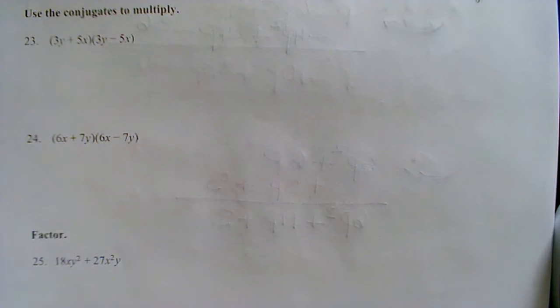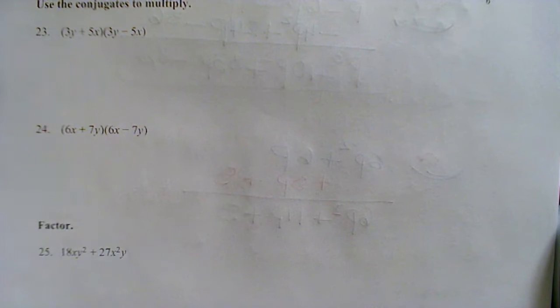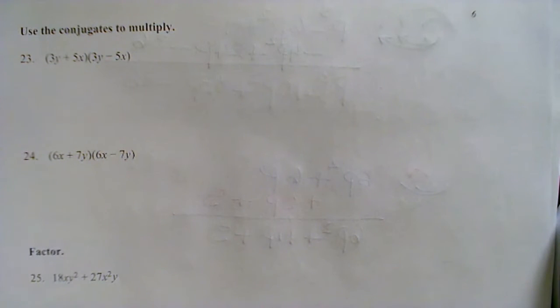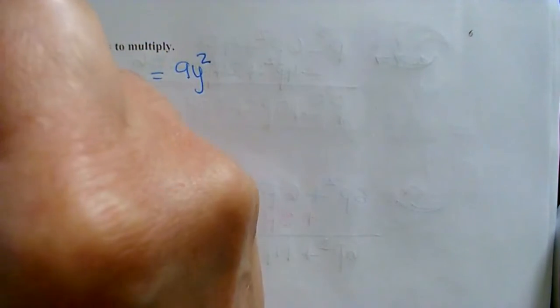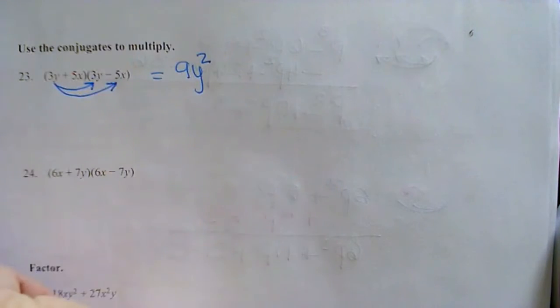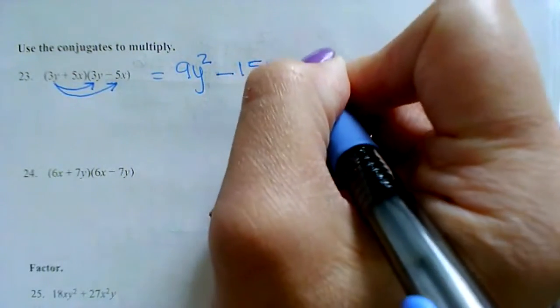Now, we're going to be using the conjugates to multiply. Remember, conjugates are the terms that are the same but opposite signs. Okay? So we have 3y times 3y is what? 9y squared. And 3y times negative 5x is going to be negative 15xy.